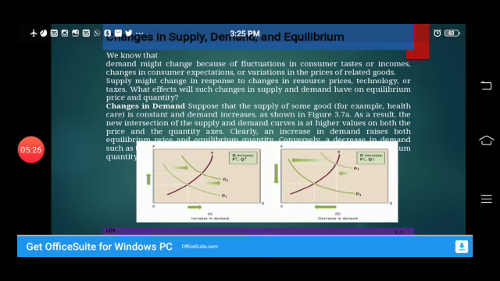In diagram B, we have seen that the demand is decreasing. When the demand decreases, it moves leftward. Now the demand curve has shifted from D3 to D4, and the new equilibrium is where the S curve intersects the D4 curve. So the price has decreased and the quantity has also decreased.